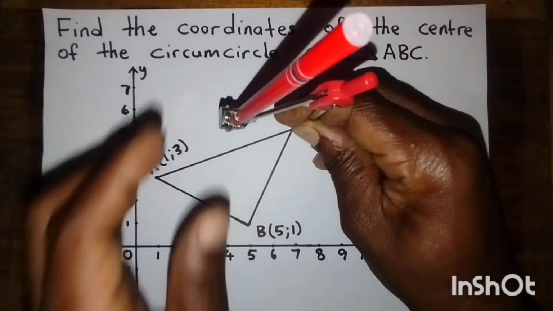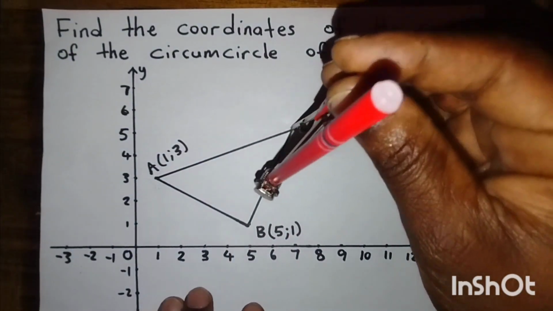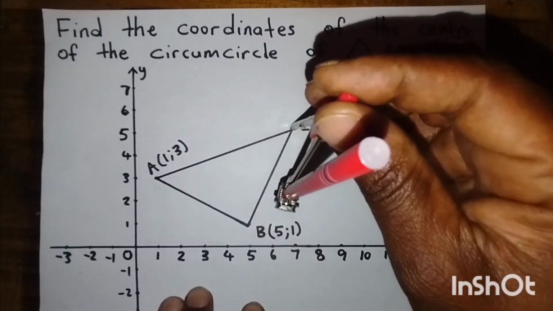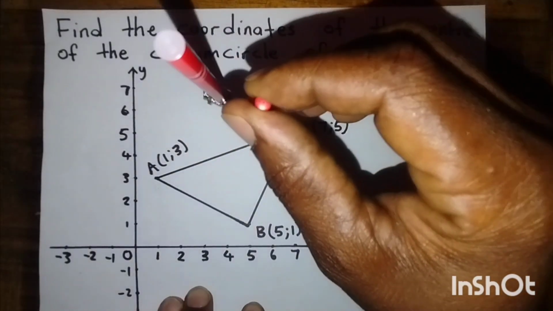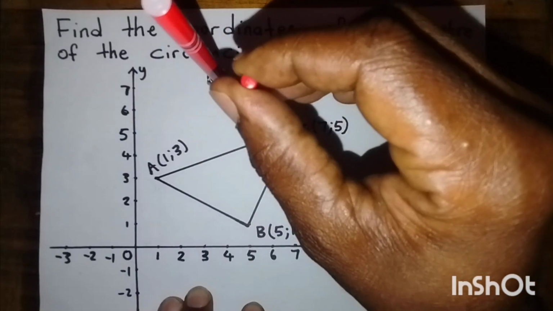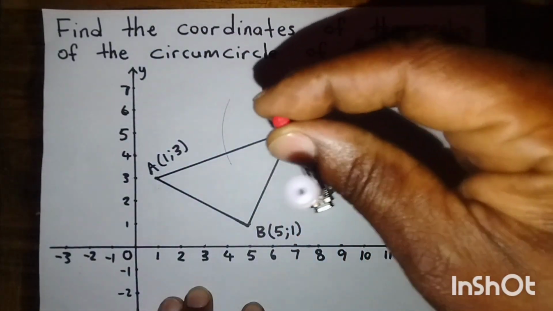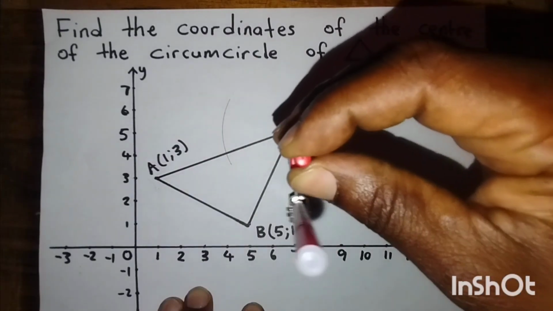First of all, I've chosen C as my center, and I open my compass so that it passes halfway of BC. And then I'll construct an arc, another arc, without changing the position of the center.